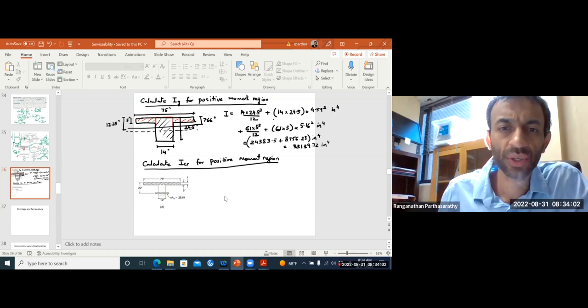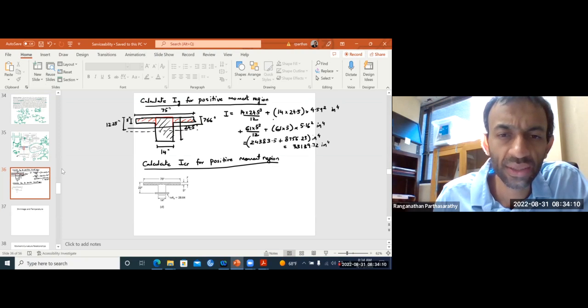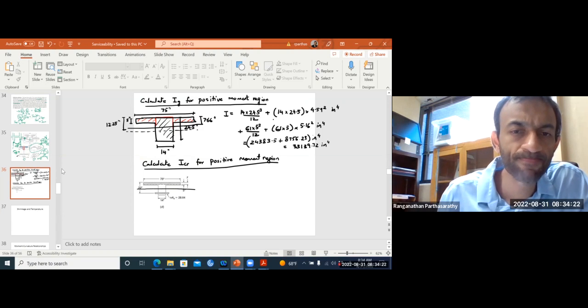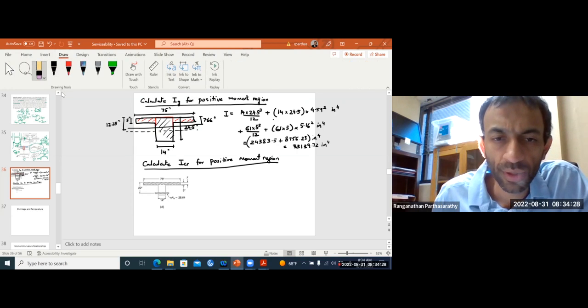So what's your cracked moment of inertia here? You first need to determine where the neutral axis is.